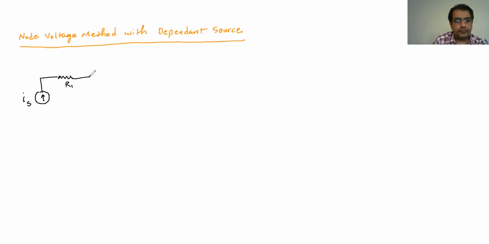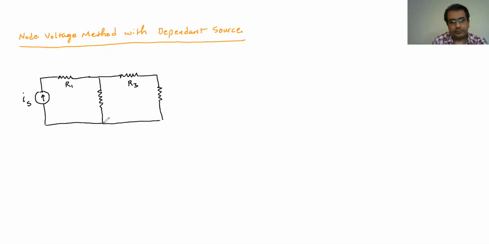Then we have another resistor here, R3, and another resistance here, R4, and R2.